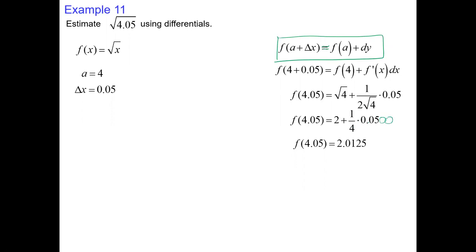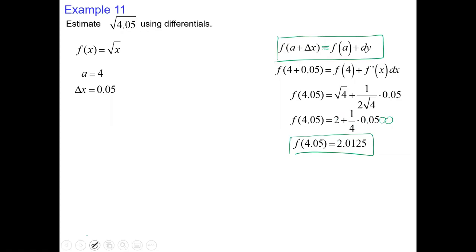I'm trying to get the number without the calculator, so I will do 500 divided by 4, which is 125. That's a much better calculation. And then 2. That's the approximation.